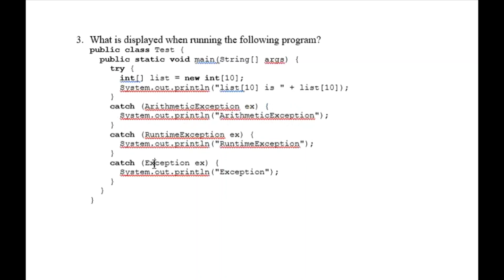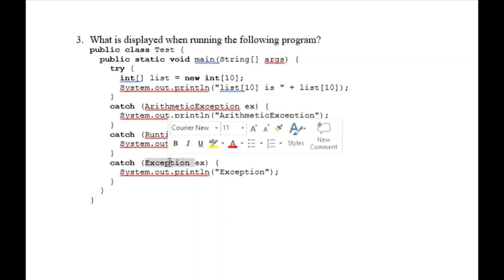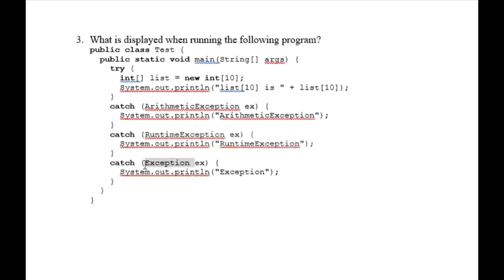And this is the superclass. If it can't find any of these catch blocks, the superclass will be considered. The exception is caught in this catch block if none of the previous catch blocks were found. Catch blocks match with the same exception or the superclass, because Exception is a superclass, and that will be executed.